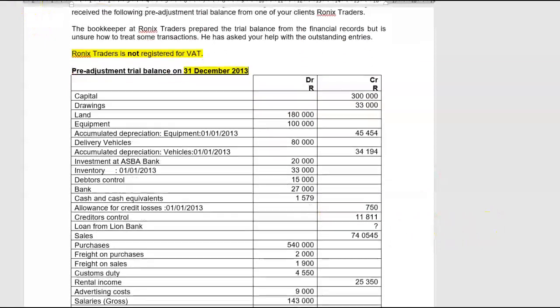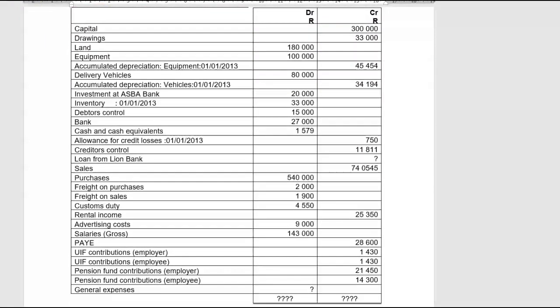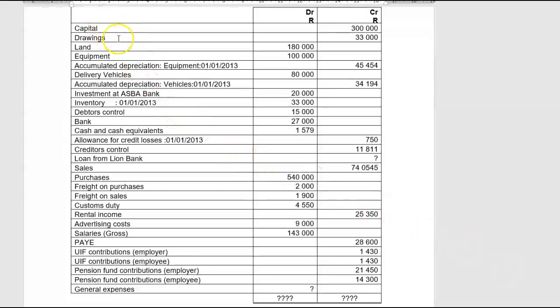Now, when we scroll through the trial balance so that we know what we are working with, we see that we have capital, drawings, land, equipment, accumulated depreciation, and we see here we have an opening balance. Delivery vehicles, accumulated depreciation on delivery vehicles, opening balance. Investment in Aspa Bank, inventory, and there we also see that we have an opening balance, and because we have an opening balance there, we know immediately that this is a periodic inventory system.